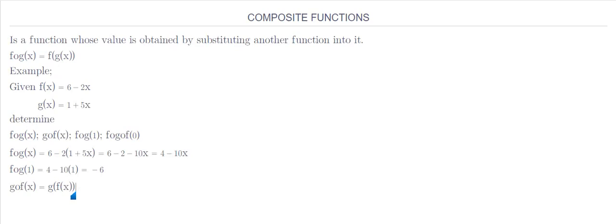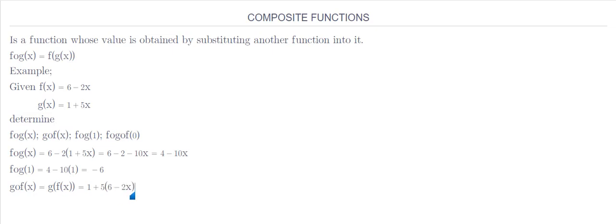So take g, and rather than putting x, substitute the function f inside x. So this is going to be equivalent to 1 plus 5x. That is our g. But now, rather than putting x, I'm going to substitute it with f, 6 minus 2x.